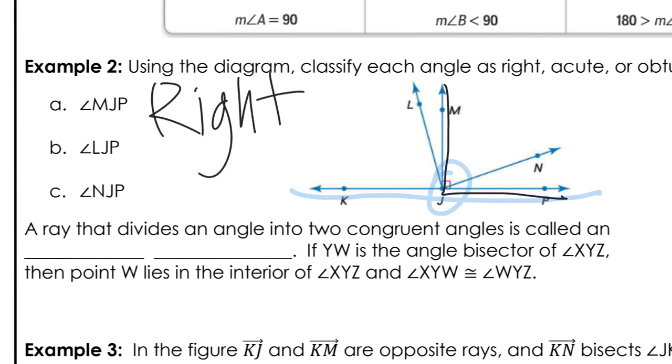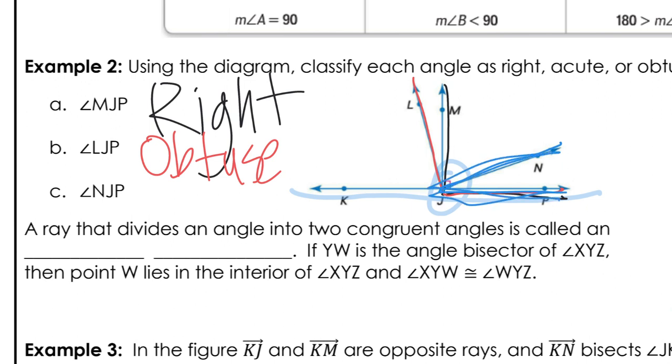It's clearly 90 degrees at that vertex. Letter B, angle LJP. So LJP, that is greater than 90. So greater than 90 is obtuse. And then lastly, we have angle NJP. So NJP, that is smaller than 90. So that's an acute angle.